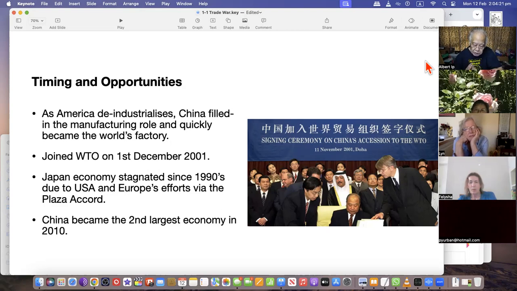Economic growth was sitting around 0% or 0.1%, almost no economic growth. Why? Because the United States and Europe together forced Japan's currency to appreciate rapidly through the Plaza Accord.